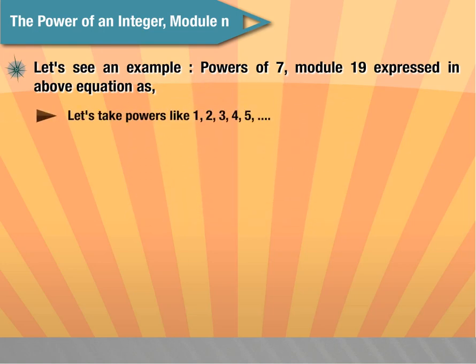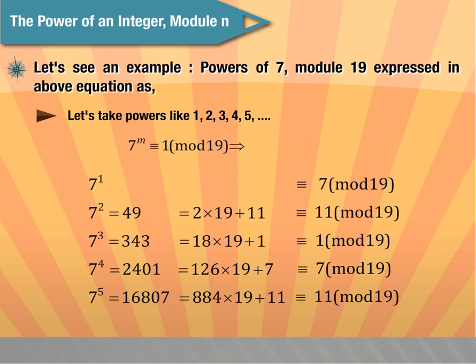Let us take the powers 1, 2, 3, 4, 5 and so on. 7 to the power 1 is congruent to 7 mod 19. 7 squared is 49, which is 2 times 19 plus 11, congruent to 11 mod 19. 7 cubed is 343, which is 18 times 19 plus 1, congruent to 1 mod 19. 7 to the power 4 is 2401, which is 126 times 19 plus 7, congruent to 7 mod 19.